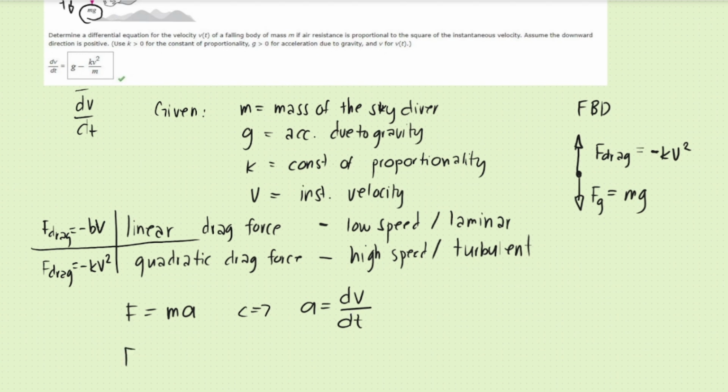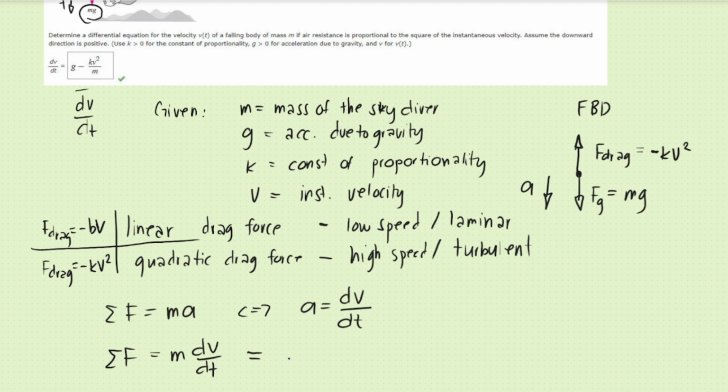So we can make this summation of F, the sum of all forces that act on a body, equal to mass times dv over dt. Since your body accelerates downward, its movement is directed downward, and we treat this as positive. So Fg is positive, right?